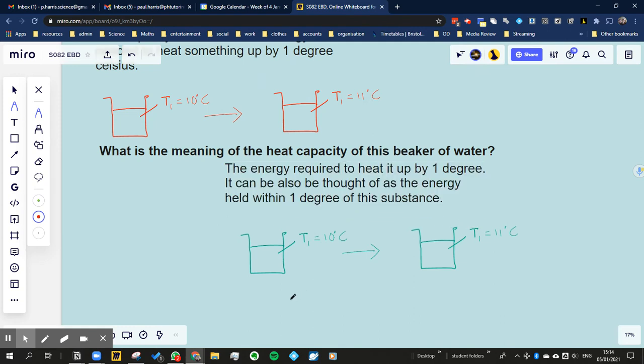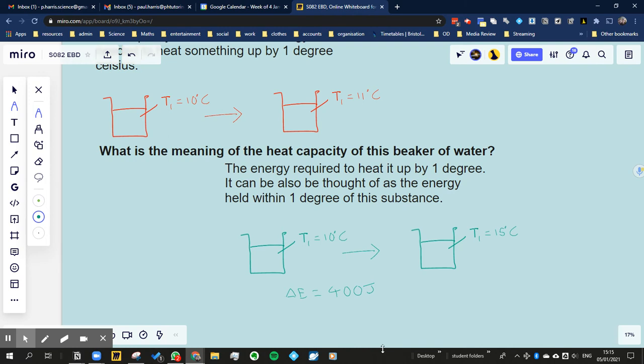We're going to heat it up not to 11 degrees, but to 15 degrees, and the energy that I needed to give it to do that was 400 joules.